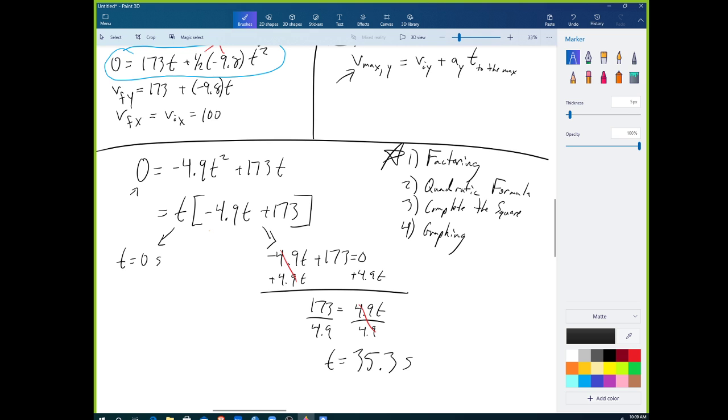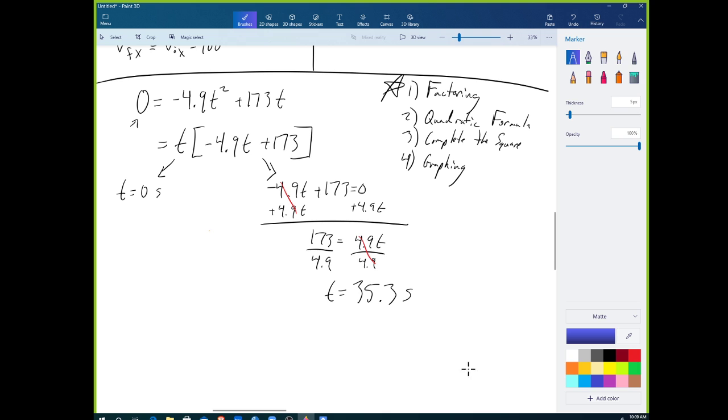I'll wait a minute for you to catch up to me, and then I'm going to show you something really cool about what we just did. That whole process, what it got us, is it actually got us 2 important points on our graph.